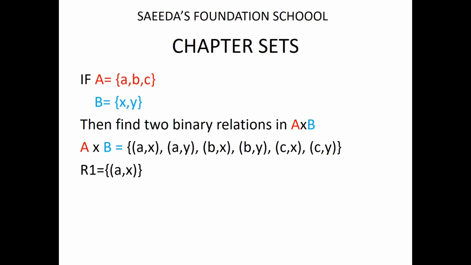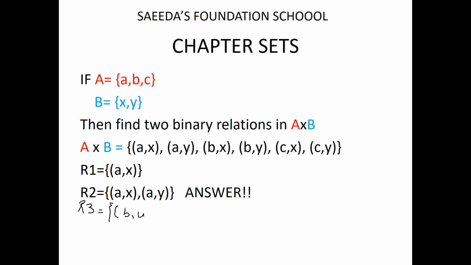If you want to take out another binary relation, we'll label it as R2, and then you can choose any ordered pair and make it a subset and write it down as a binary relation. If you want to make more ordered pairs, maybe you can write down R3 and write B, Y, CX, CY.